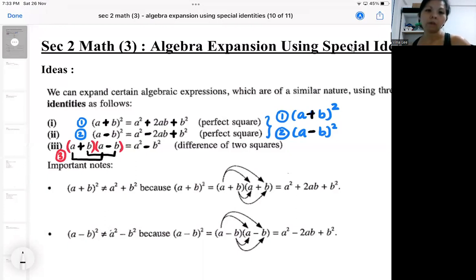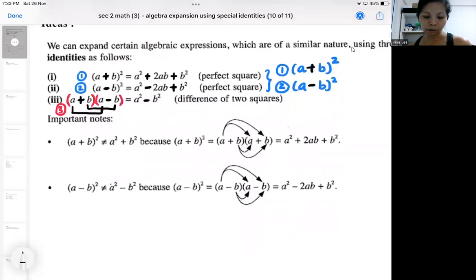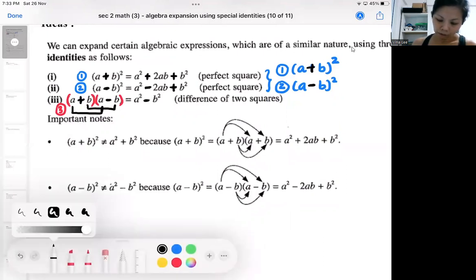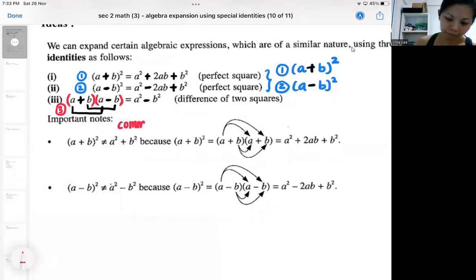First of all, before I show you how we're going to be using these three formulas, there are important notes for you to take note of. This part will be the common mistake that a lot of people will make, and they can make it 100 times and they are still making this.